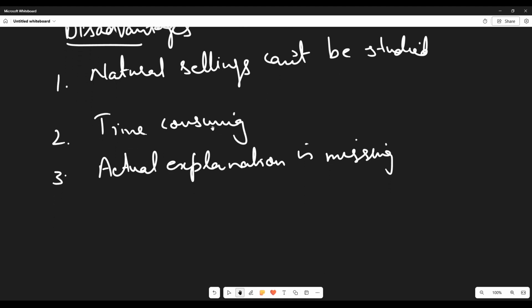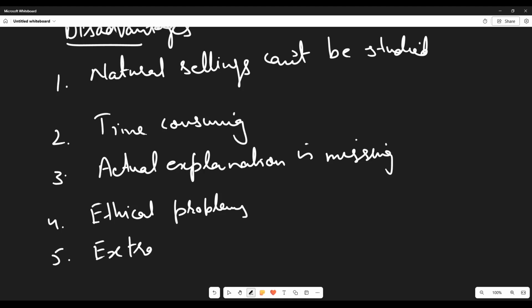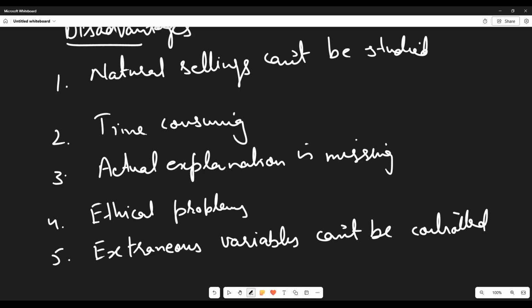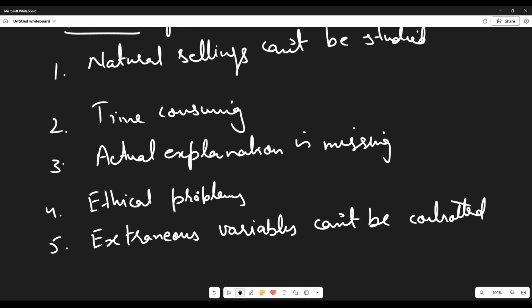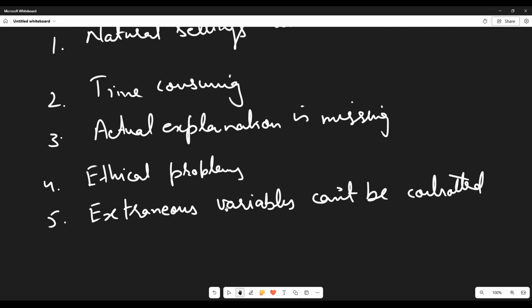There may be some ethical problems with variable control. Extraneous variables cannot always be controlled. Human responses are difficult to measure.